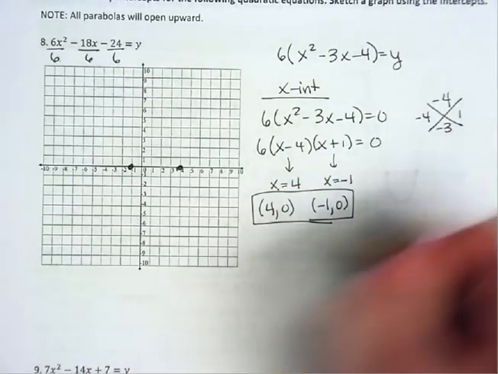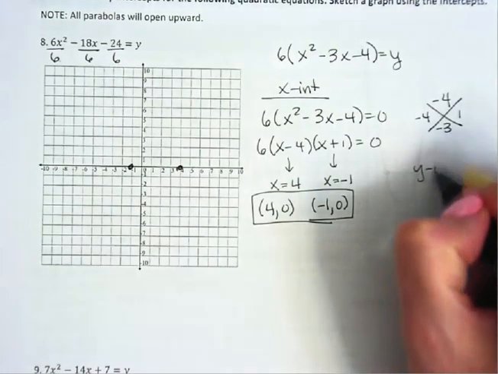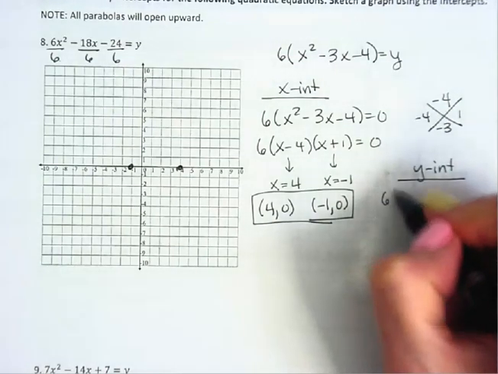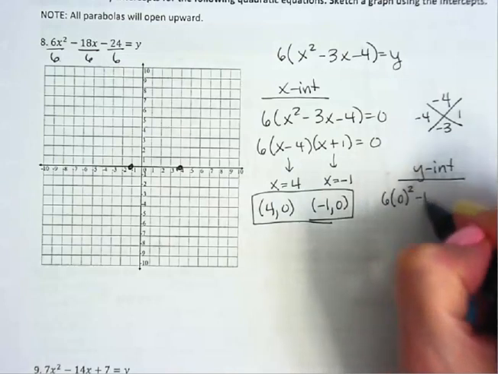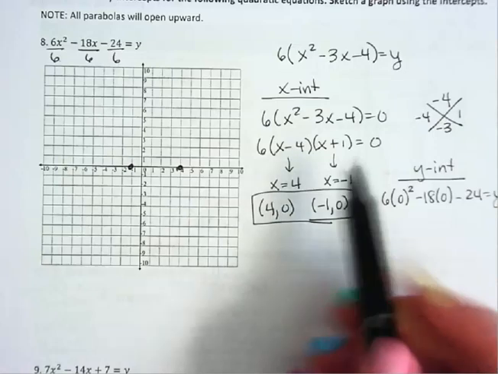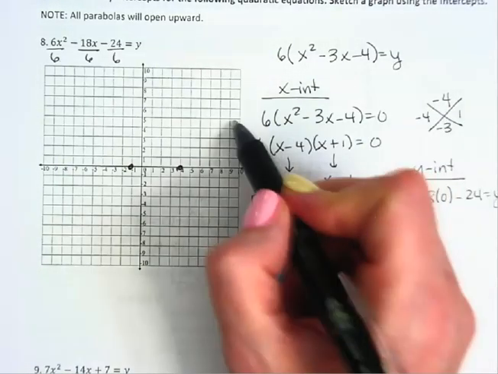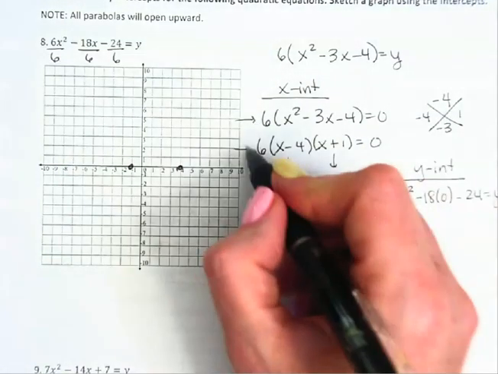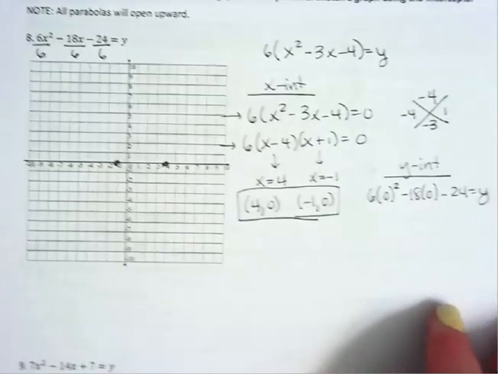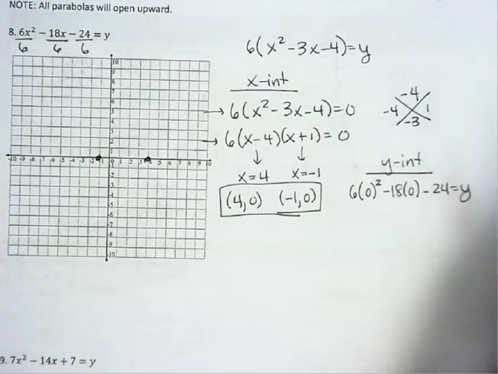Now my y-intercepts are where I let x equal 0. I like using standard form for this, but you could use this step or this step as well and let the 0 be substituted for the x.